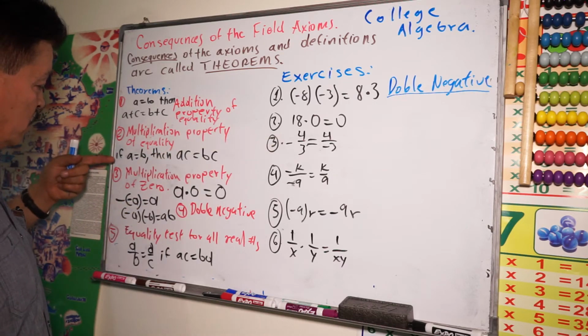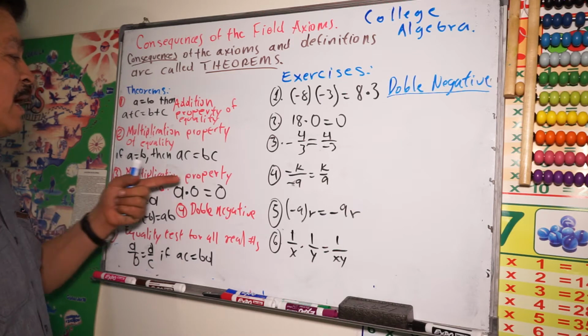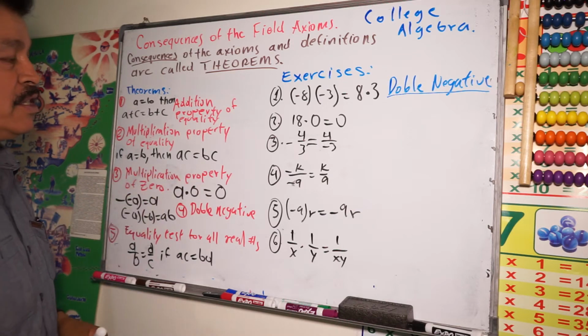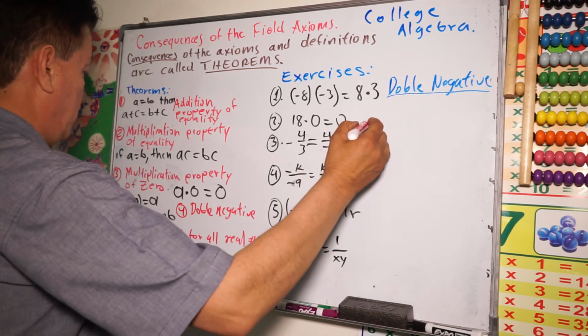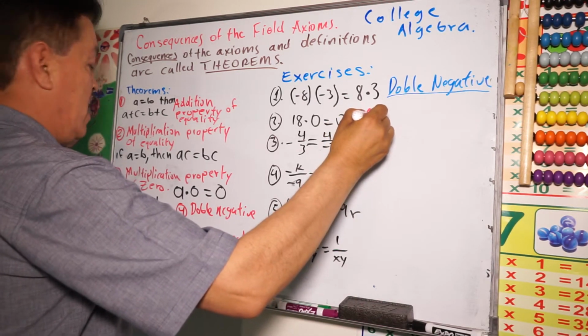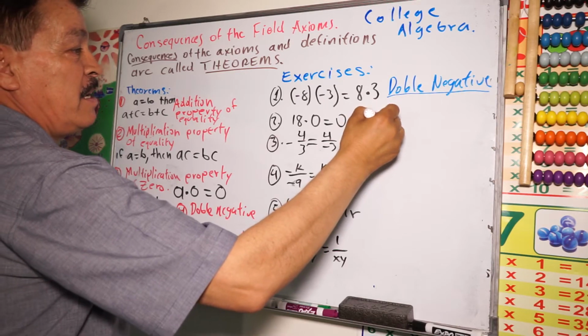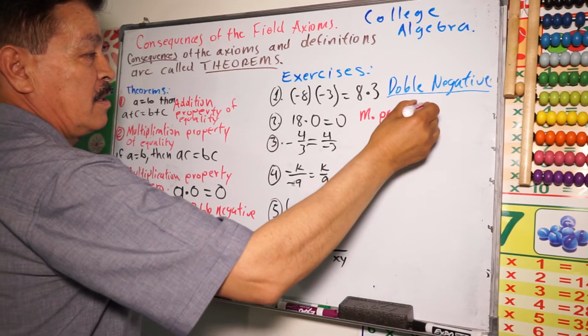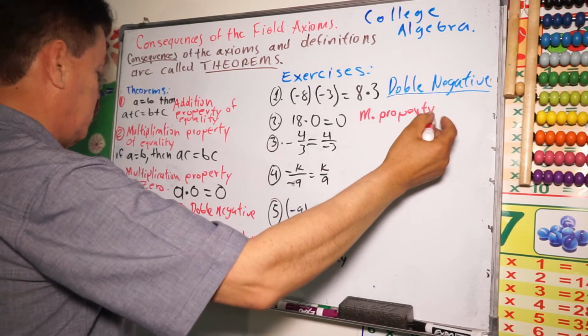You take a look and see number 3, the multiplication property of 0. This is a theorem, the multiplication property of 0.